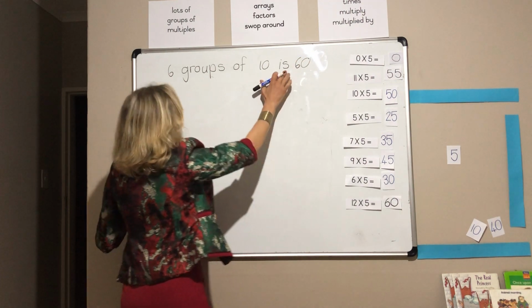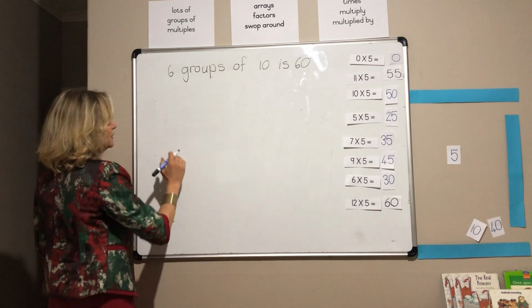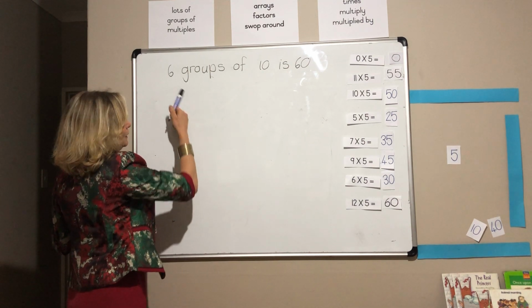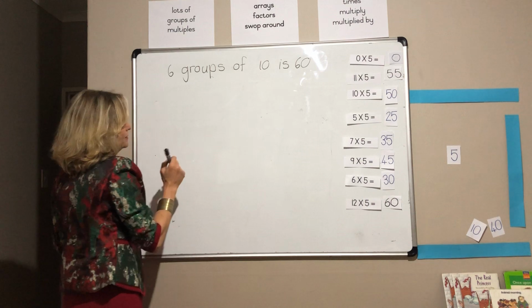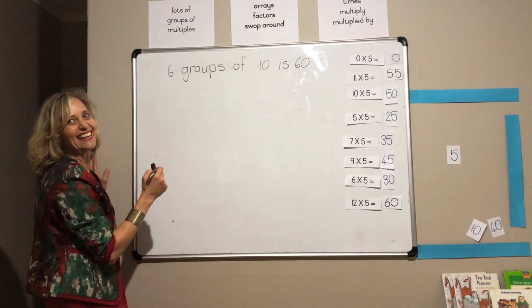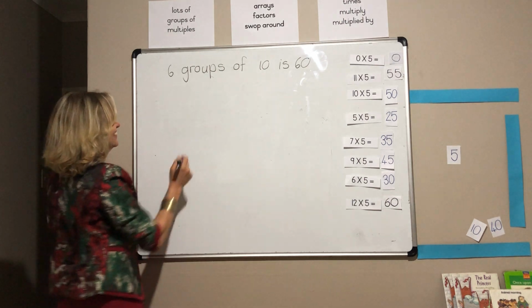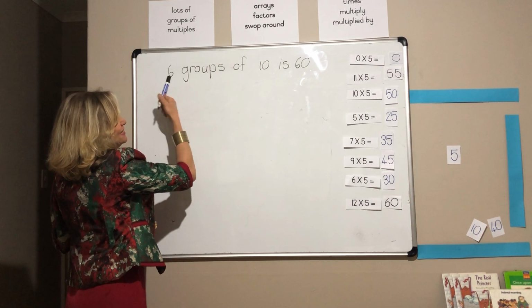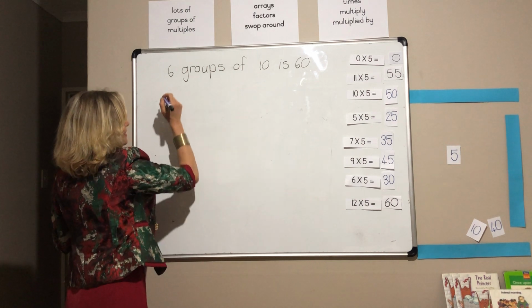I never know when to write is or as there. Today I'm going with is. It just sounds right. 6 groups of 10 is 60.